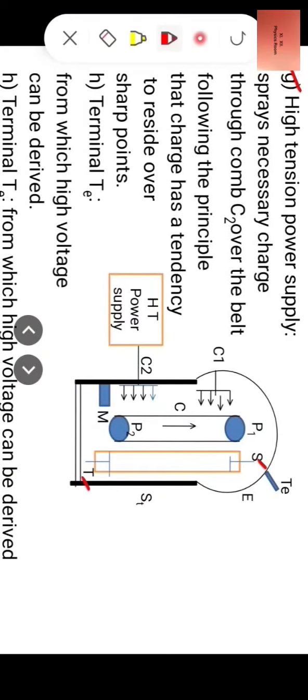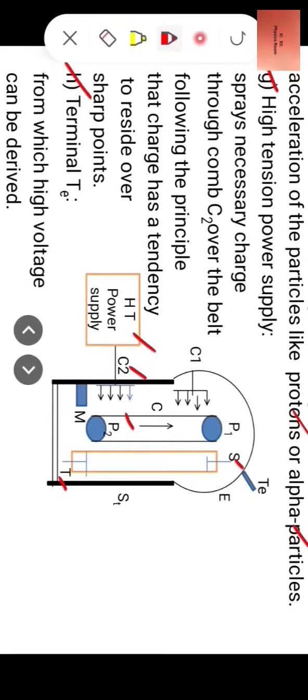G. High tension power supply supplies the necessary charge through comb C2 over the conveyor belt, following the principle that charge has a tendency to reside over sharp points.